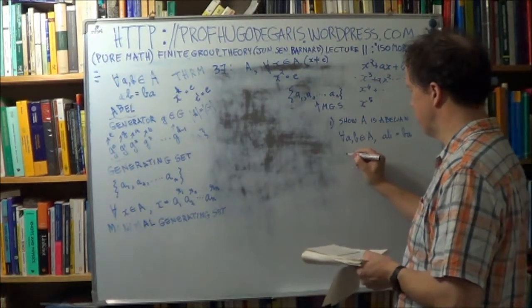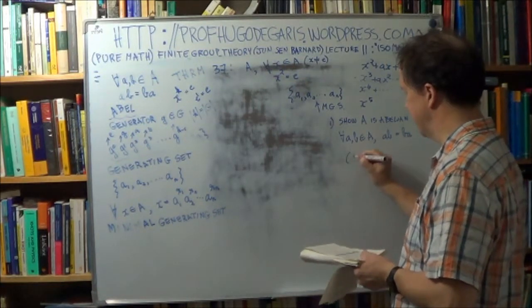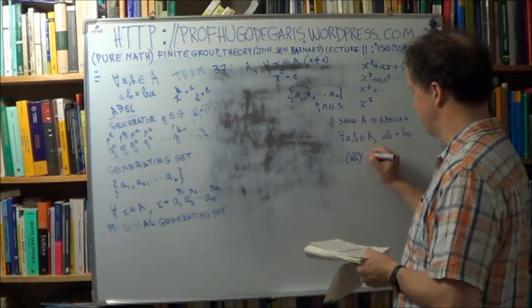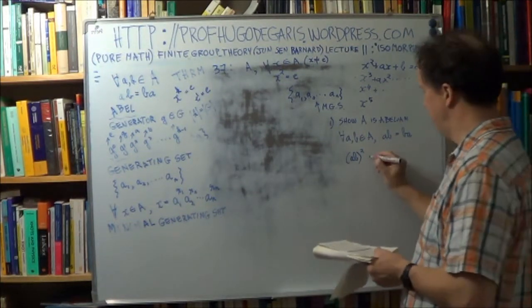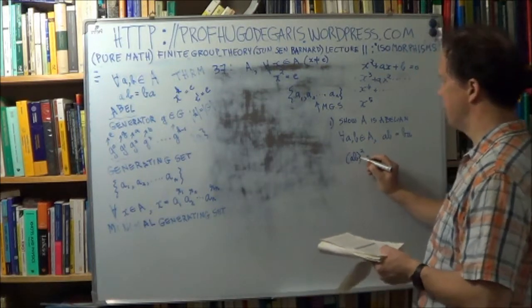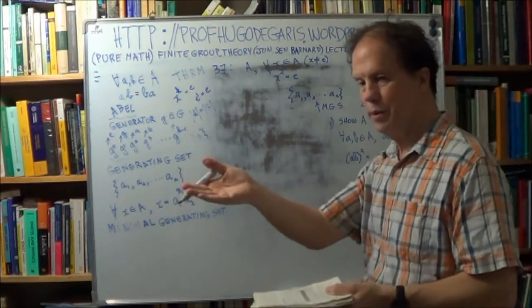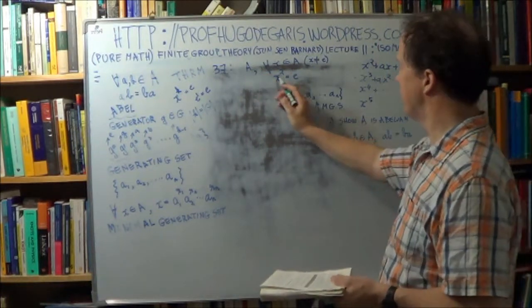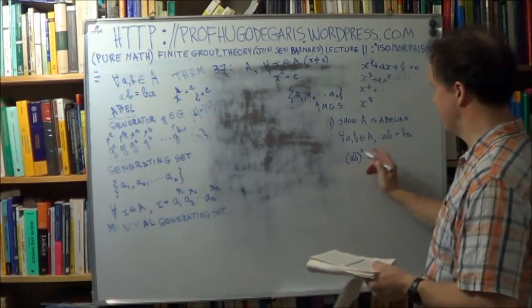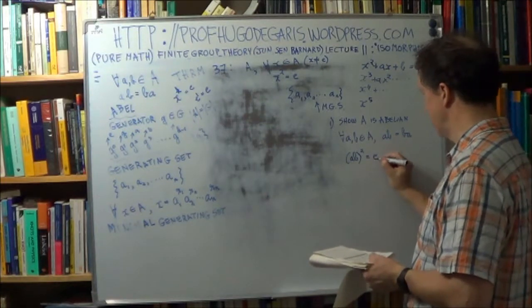Here's the proof. Take (ab) squared, the square of ab. ab is some element c belonging to this group. So c squared will be e. Whatever this is, square it, it'll just be e.